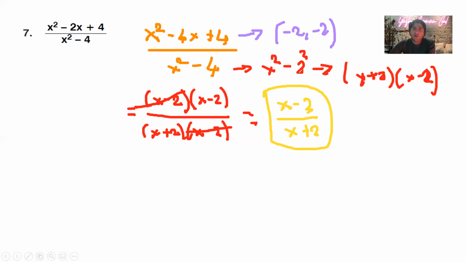The rule tells us, when we see the difference of 2 squares, for this example, it is x plus 2 times x minus 2. Then I cancel out the same ones and see what is left. On the top part we have x minus 2, the bottom part we have x plus 2, and that is going to be the answer.